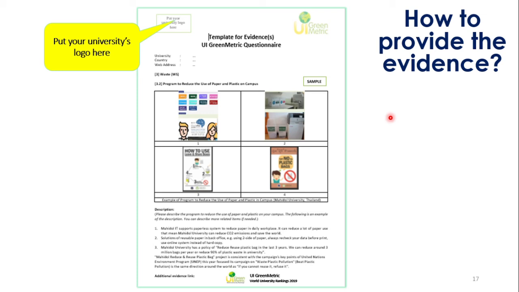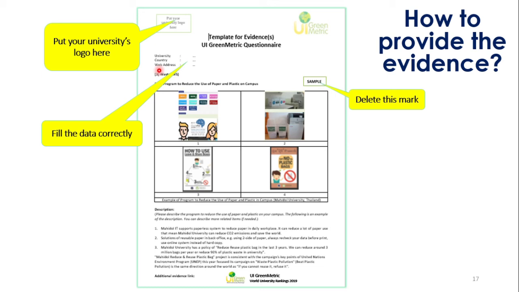Now, to use this template for your evidence, there are some changes that you need to make. First is that you need to put your university's logo here. And then you need to fill in the data of your university's name, country, and web address. And then you also need to delete this mark.